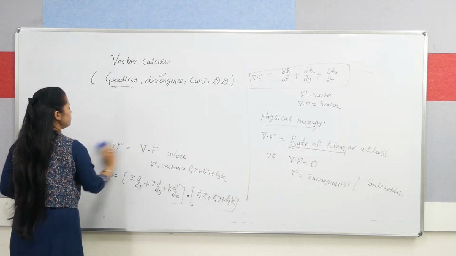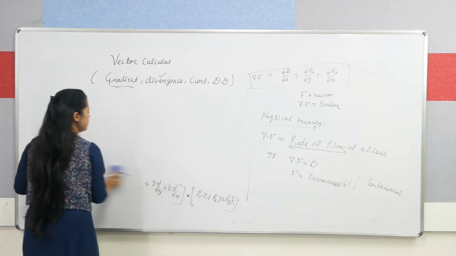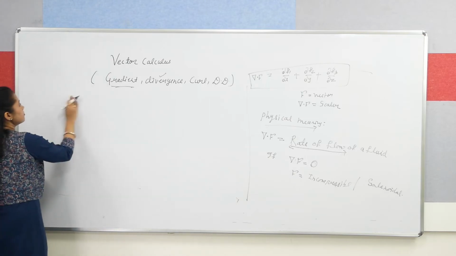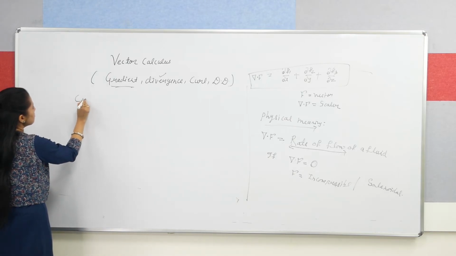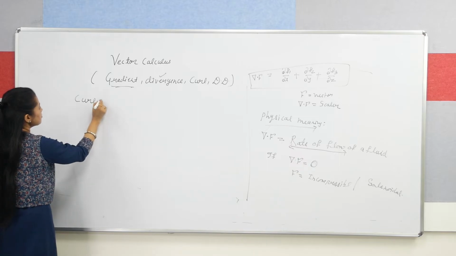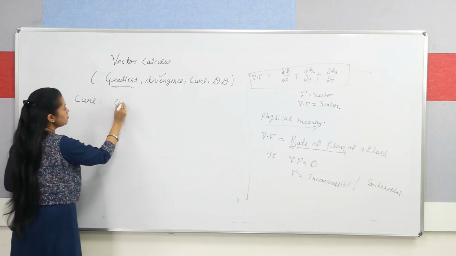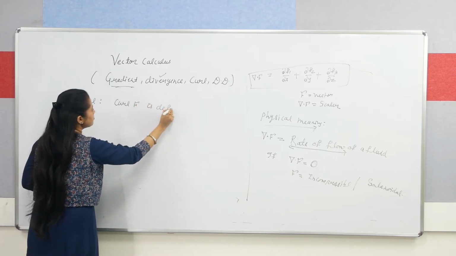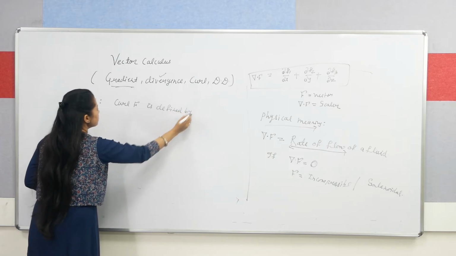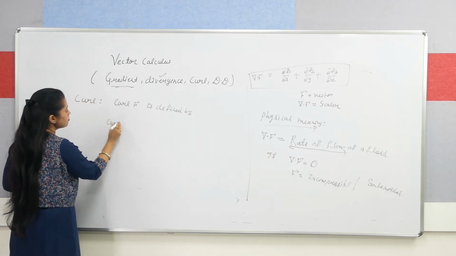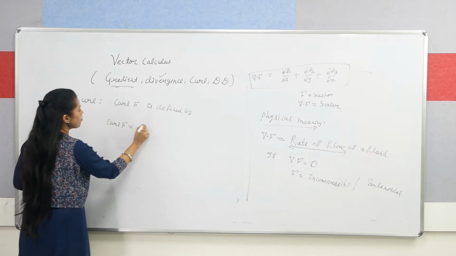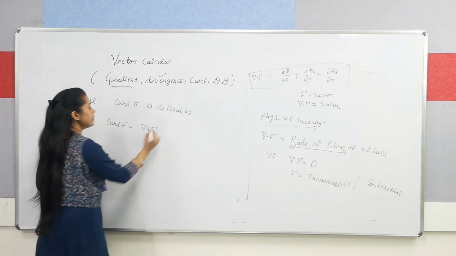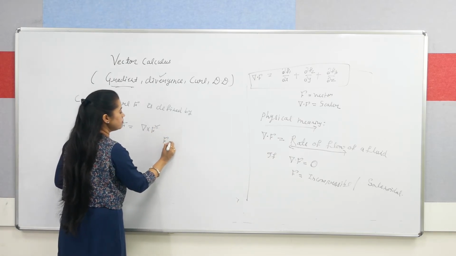Next is curl. So next we'll see what is curl. Curl F is defined by del cross F. It is a cross product between two vectors, which means the function should be a vector.